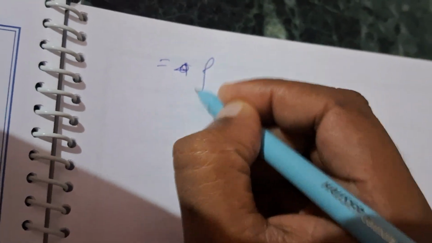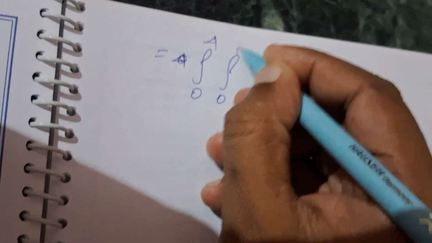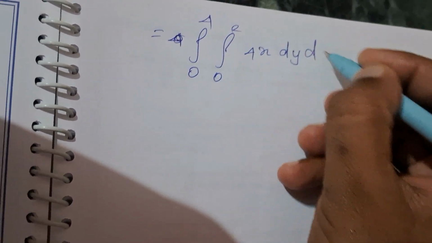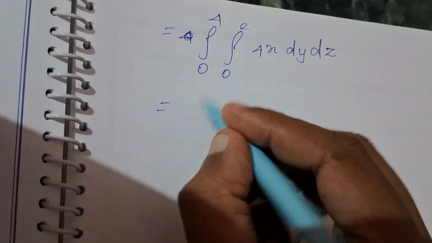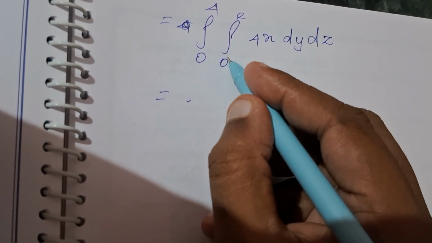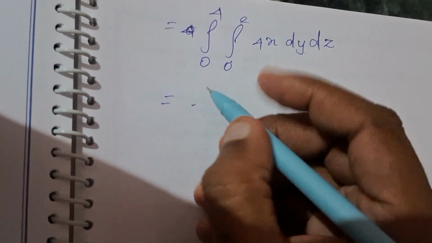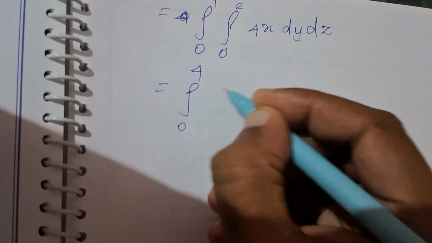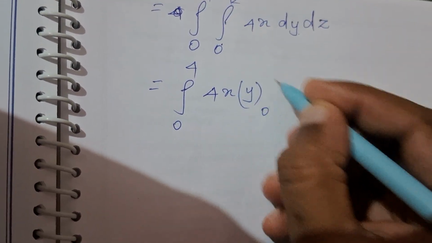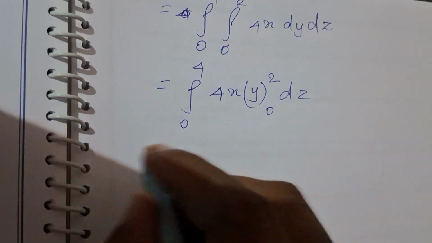Next, integrating with respect to y, we get 4x y from 0 to 2 dz.